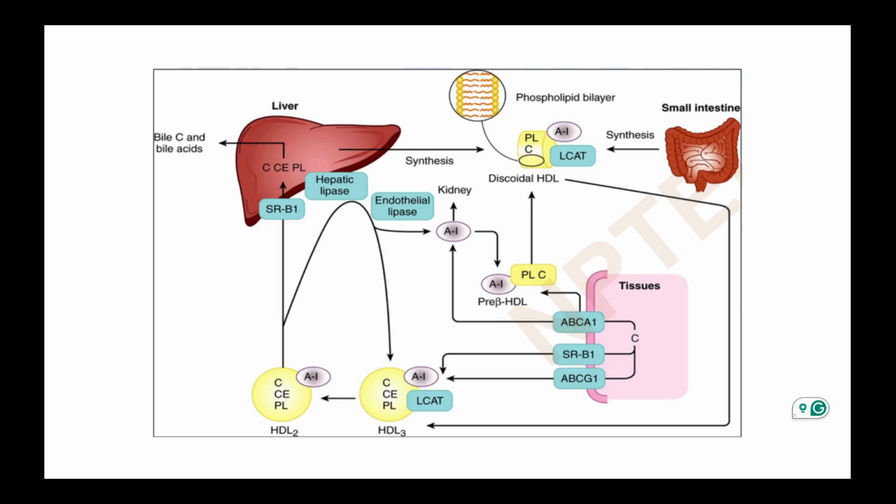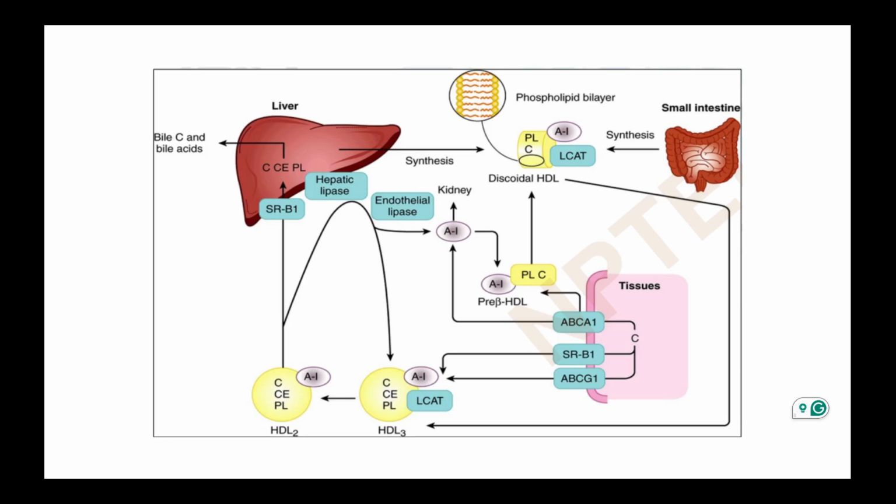Now this pre-beta HDL will become a nascent form of HDL, that is discoidal HDL, with which LCAT will associate, and LCAT will convert the cholesterol into cholesterol ester. Here you see phospholipid and cholesterol; this cholesterol is converted to cholesterol ester, and some cholesterol is still there. All the cholesterol will slowly get converted into cholesterol ester. This form of HDL is called HDL3.